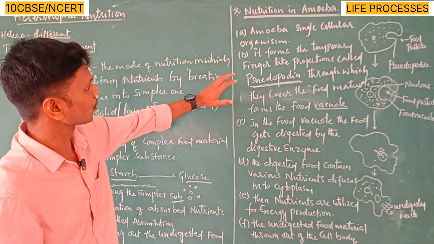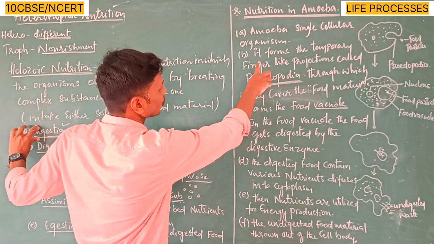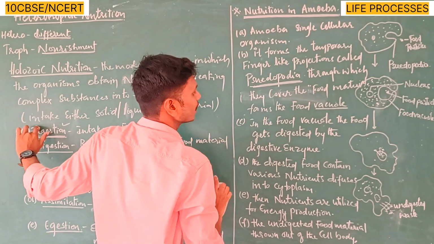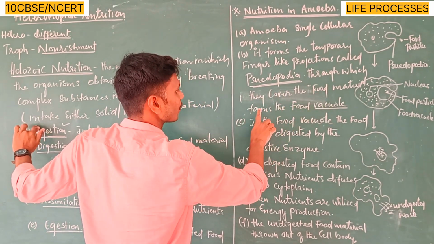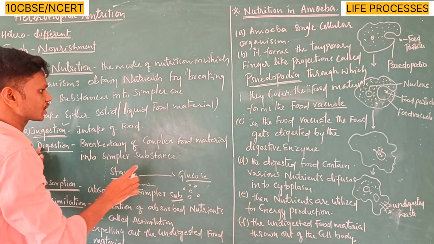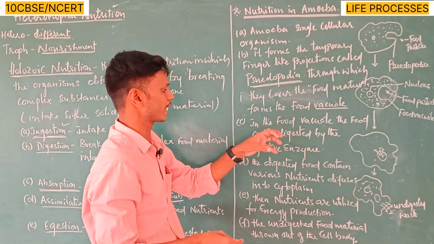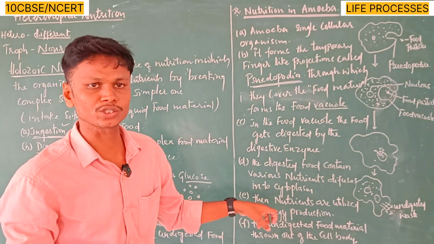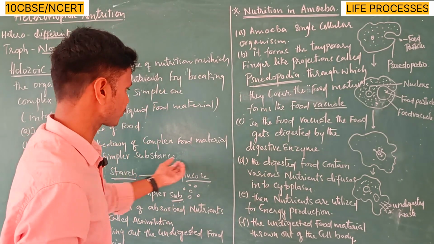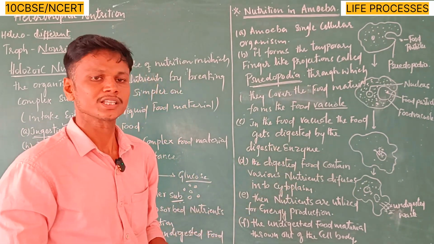Or else you can write like this: ingestion, it forms the temporary finger-like projections called pseudopodia, through which they cover the food material and form the vacuole. Then digestion, in the food vacuole the food gets digested by using digestive enzyme, and then absorption, the digested food containing various nutrients diffuses into the cytoplasm.